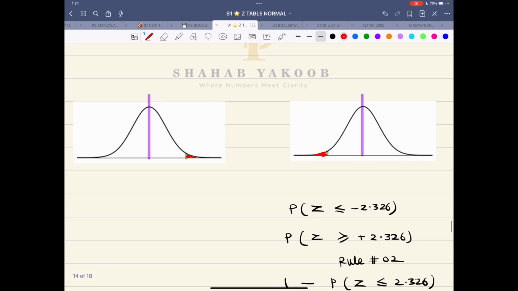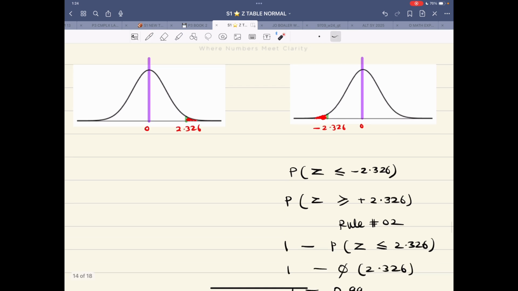I'm using this value that is negative 2.326, and this is 0, and 2.326. So what is the probability that I'm interested in? I'm interested in the probability that the standardized z-score is lesser than or equal to this negative value. That is the small region. Isn't that the same thing? By symmetry, don't forget symmetry, give it utmost respect, greater than or equal to 2.326.